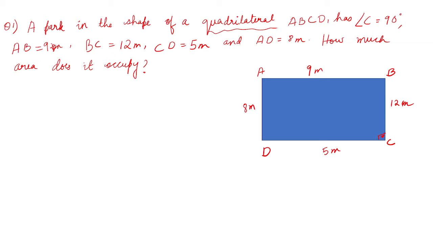Now, in order to find the area of this given quadrilateral, what am I trying to do? I will try to draw a diagonal here. Remember, whenever you draw a diagonal in a quadrilateral, you end up forming triangles. I'm telling you that angle C is the biggest clue.